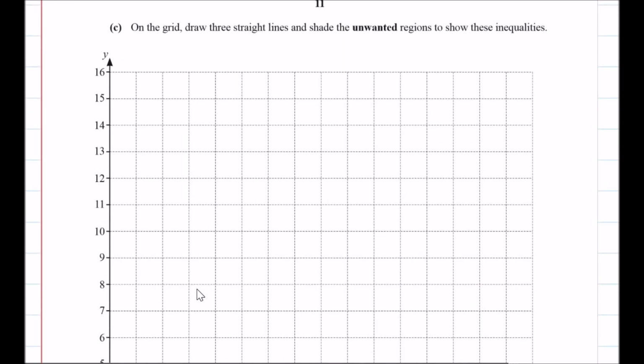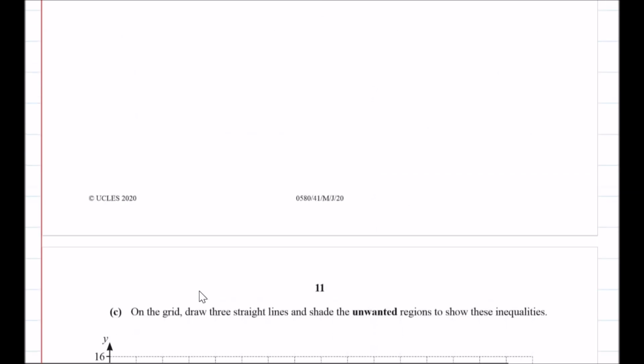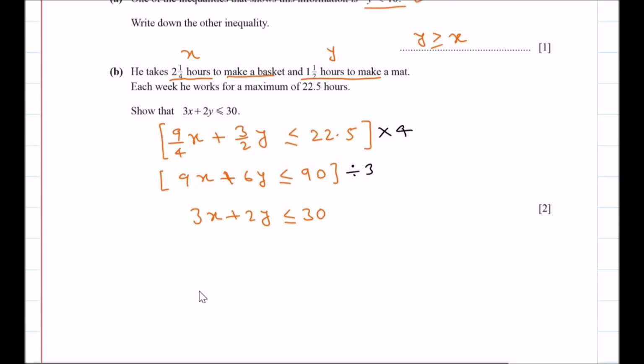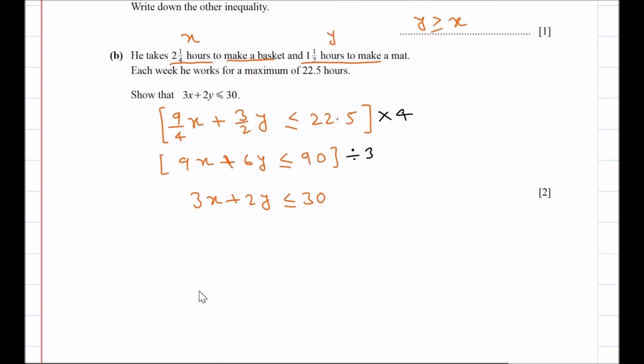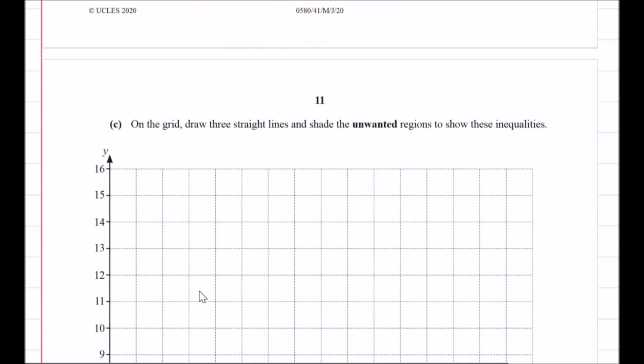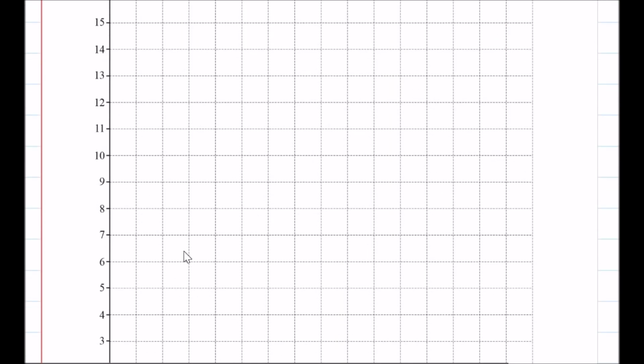Now in this part, it says on the grid draw these straight lines and shade the unwanted regions to show these inequalities. Okay, so we have inequalities. First one is y less than 10. So let us draw y equal to 10.